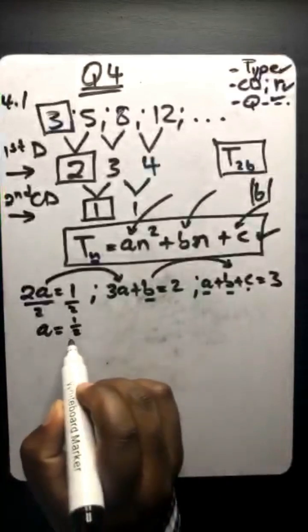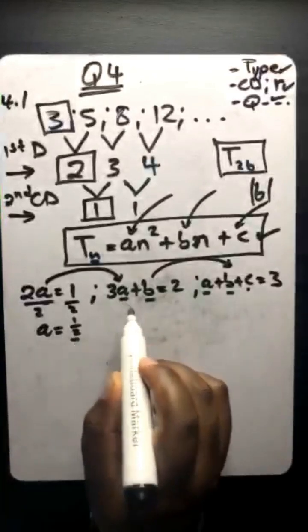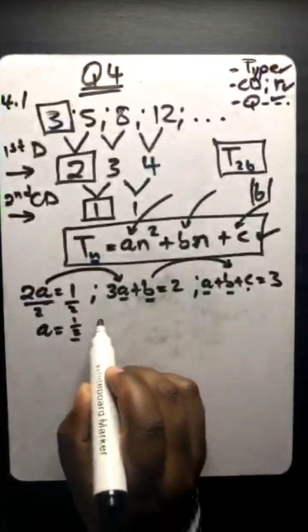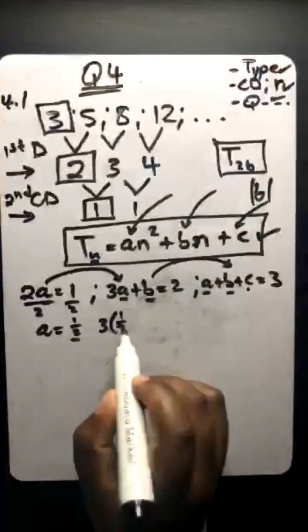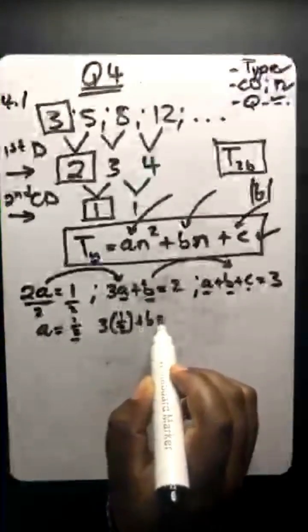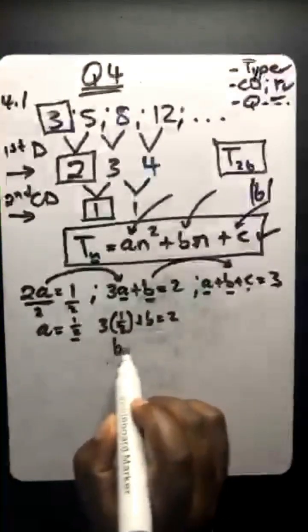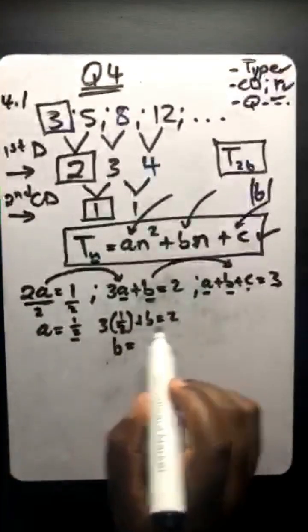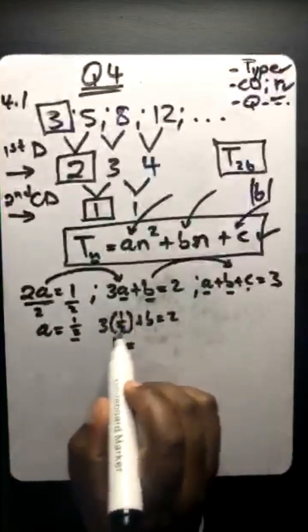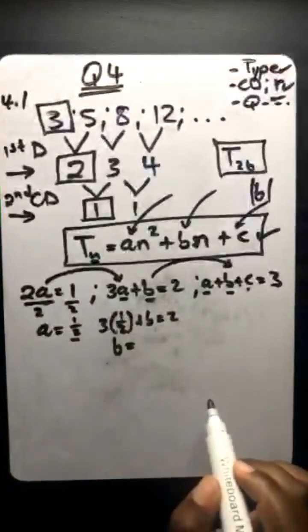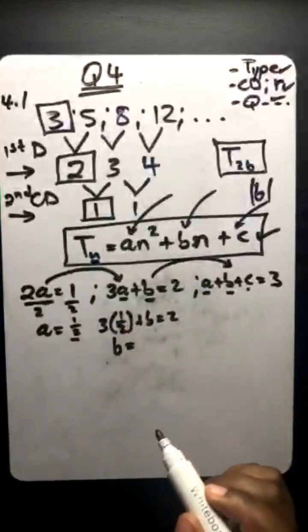Then I'm going to take this A and substitute it there to calculate B. So that means I'm having 3 into 1 over 2 plus B being equal to 2. Then you transpose, it's more like you're having B, which is 2 minus the whole of that, which is 3 over 2. What is 2 minus 3 over 2?